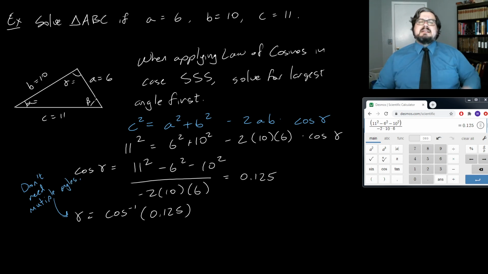And that's because we needed multiple angles when we were doing the law of sines, because sine is positive in both quadrant 1 and quadrant 2, both for angles less than 90 degrees and between 90 and 180. And so knowing that sine of an angle equaled some number couldn't distinguish between an angle in quadrant 1 and quadrant 2.